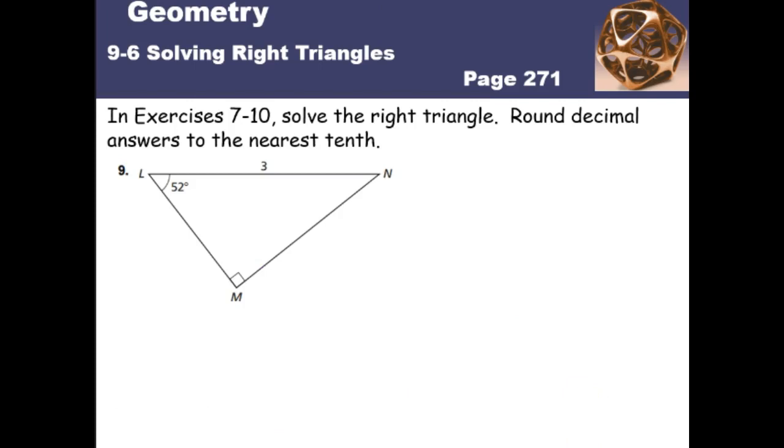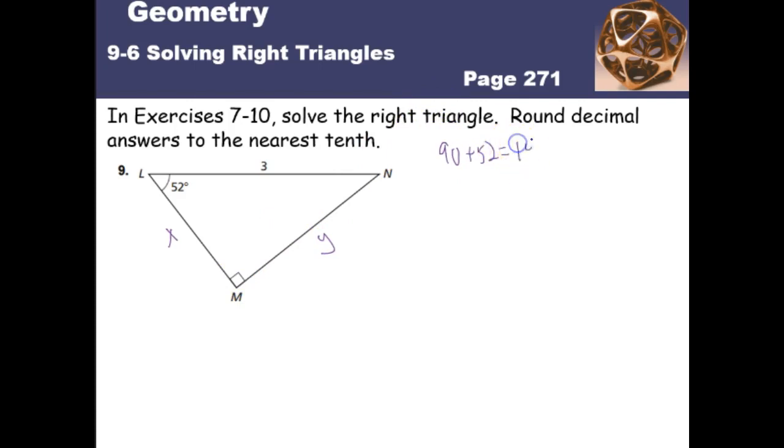So number 9 is another triangle we have to solve. So this time it looks like we're missing two sides. So I'll call that one X and this one Y, and an angle. So to find the missing angle, we just use the triangle angle sum theorem, which means all the angles of a triangle have to add up to 180, right? So I'm going to add them, 90 and 52.